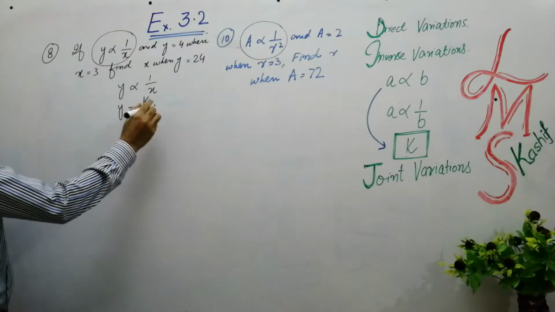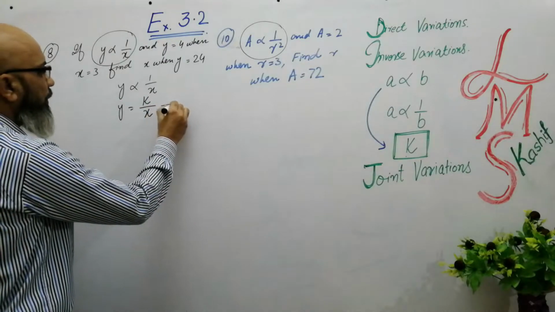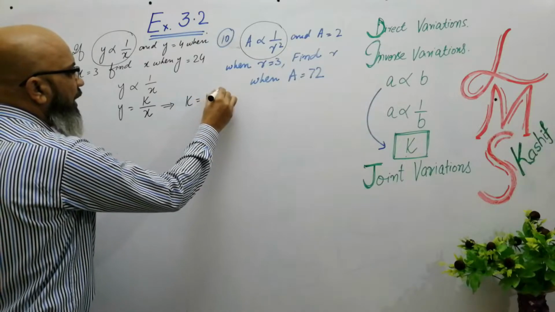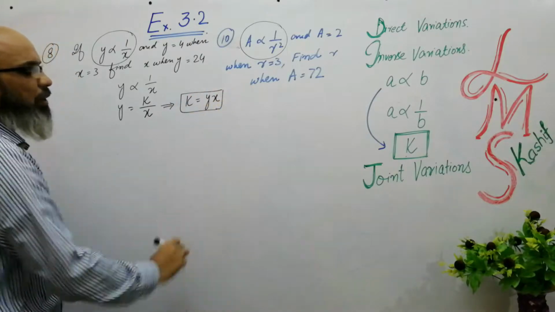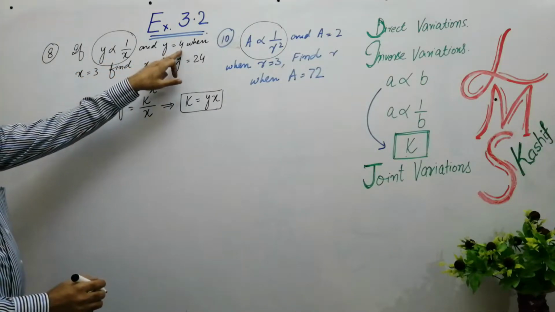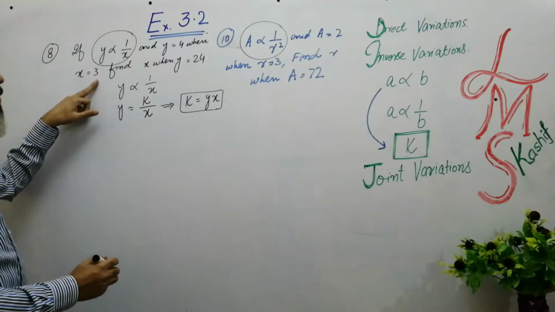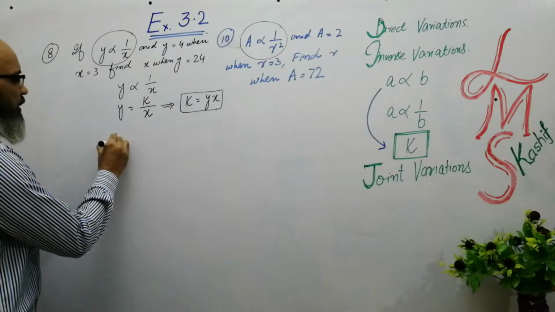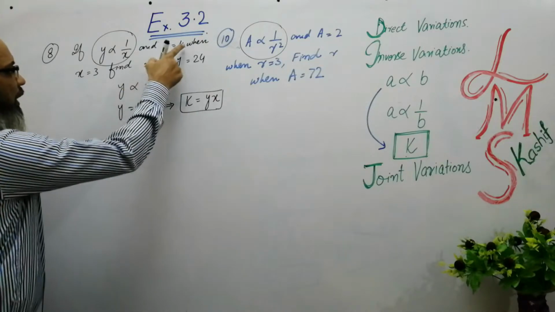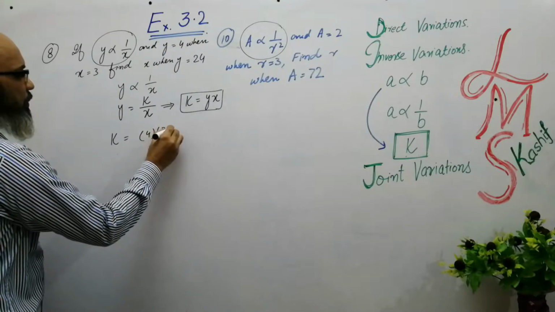Now by cross multiplying, we will get k is equal to yx. We will get our equation. So now what we get here, y is equal to 4 when x is equal to 3. So it means what is the value of k? Given value of y is 4 and x is 3.